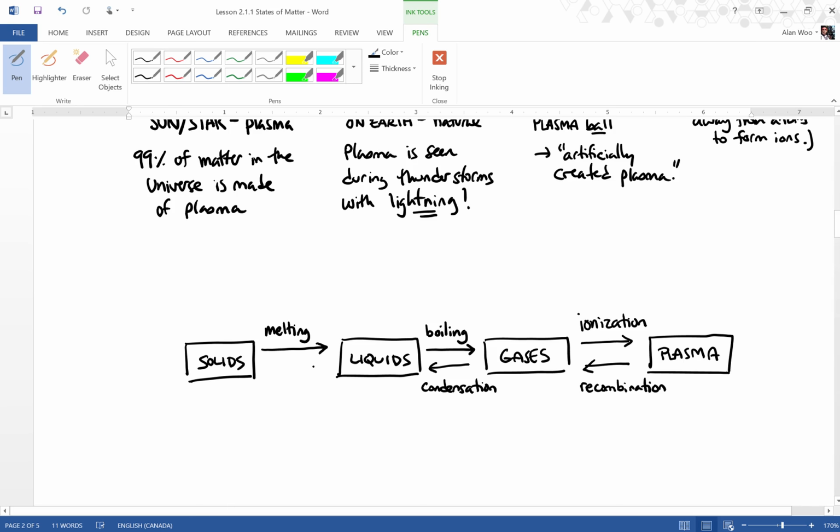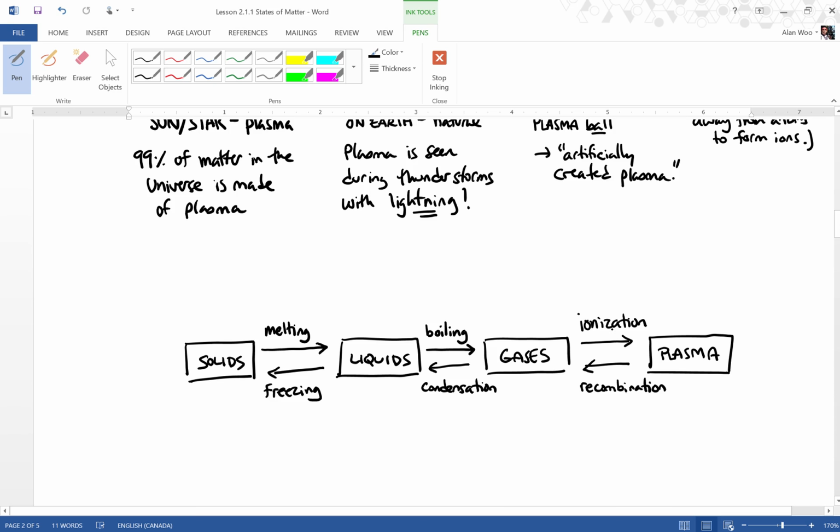And then finally, from liquids to solid, this is called freezing. So freezing is just the reverse process of melting. Condensation is the reverse of boiling. Recombination is the reverse of ionization. Okay. These are all very familiar terms.